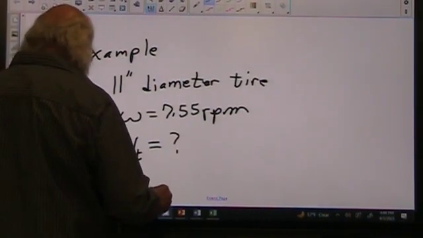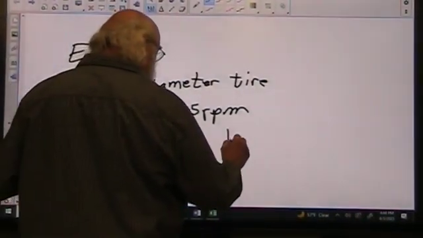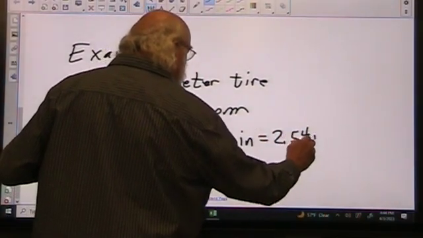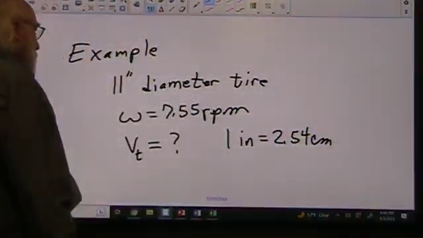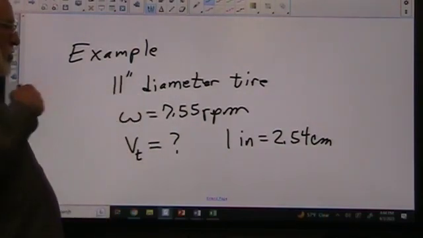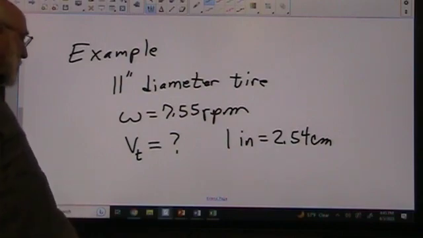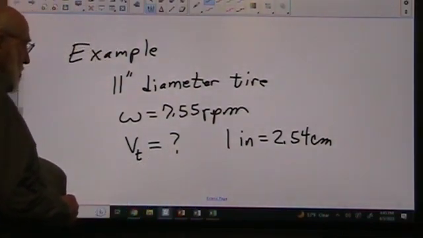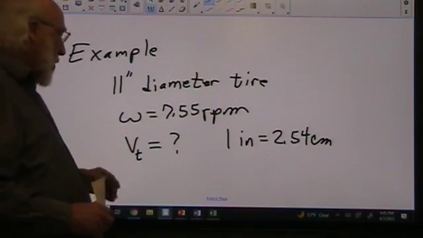We are given here that we need to do some converting here. 1 inch equals 2.54 centimeters. Okay, so the first thing we need to do is start with this diameter and change it over to radius, because we are going to need to figure out the linear aspect by using that radius.